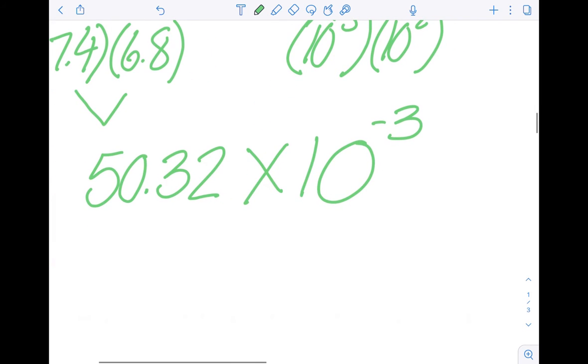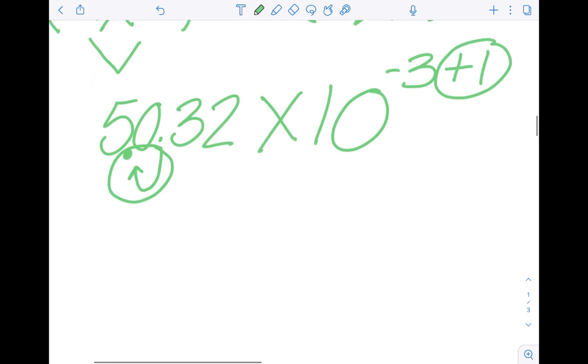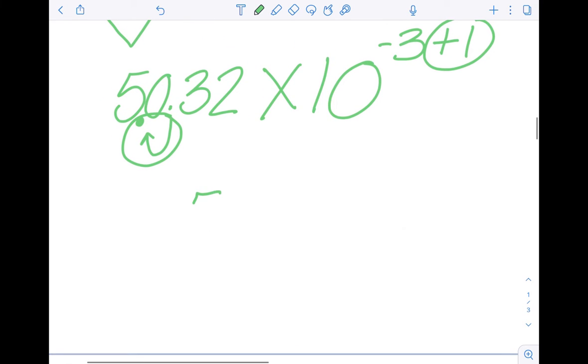But remember, this decimal has to be between the first 2 numbers here, which is right there. So I move to the left one time. And if I move to the left one time, then that means I add 1 here. So this one move to the left made me add 1.